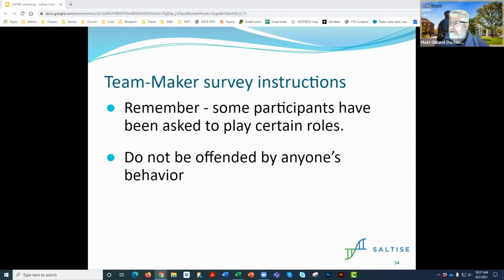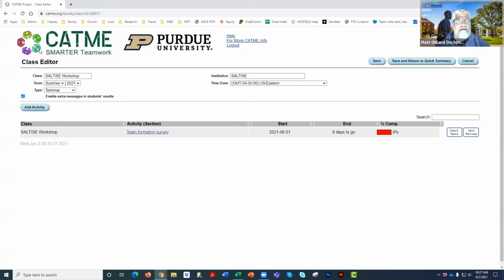So now I'm going to refresh my screen. So you can see that 8% of our participants have completed the survey. And if I want to, I can actually see which one that is.